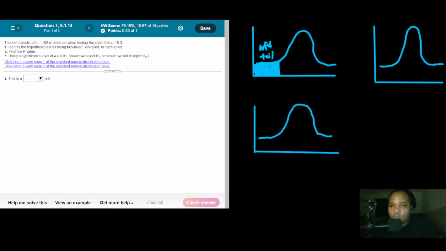Down here, this is your right tail, and you can see your tails on your right. This is for when your H1 is greater than some number. Up here is when your H1 is less than some number. And over here, you have a two tail. This is when your H1 is not equal to some number.